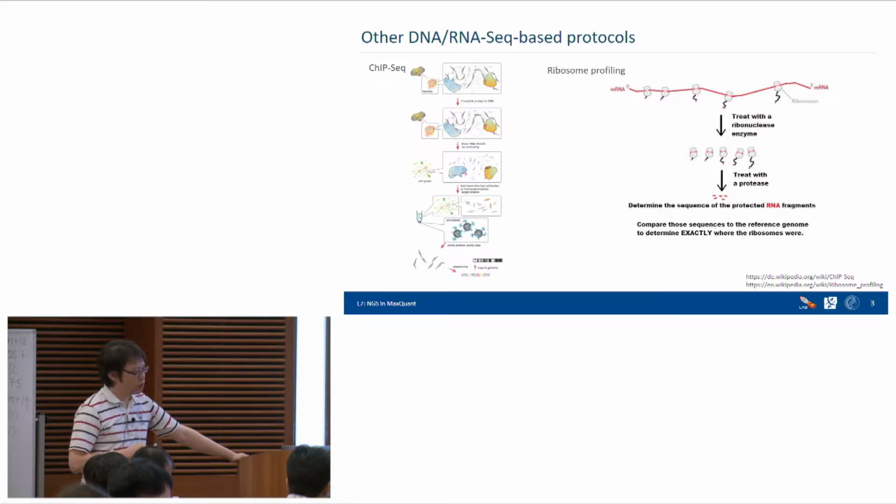This one is called ChIP-seq. We can imagine there's a cell here, and we will have a lot of proteins and the DNA, and they may have interactions. So we cross-link the positions where protein and DNA interact, and then we digest all the DNA. So you can imagine if there is a protein bound to the DNA, then this DNA will be protected. So every DNA which is not bound by the protein will be digested.